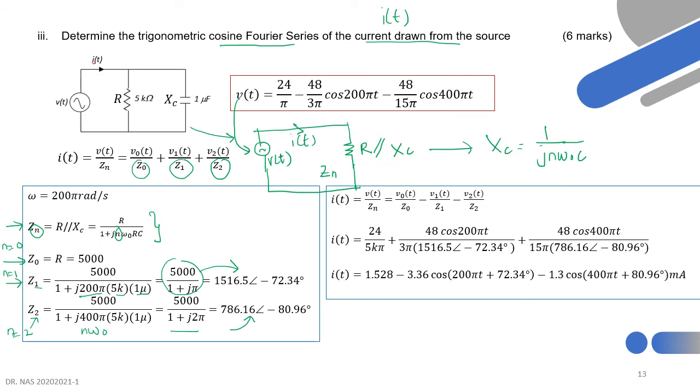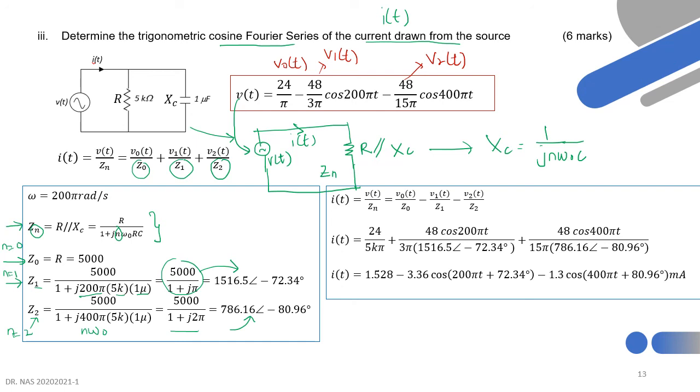Okay, so IT is now VT divided by Zn. So this is your V0. This is your V1T. And next is V2T. Okay, so you need to divide with the impedance, the calculated impedance.